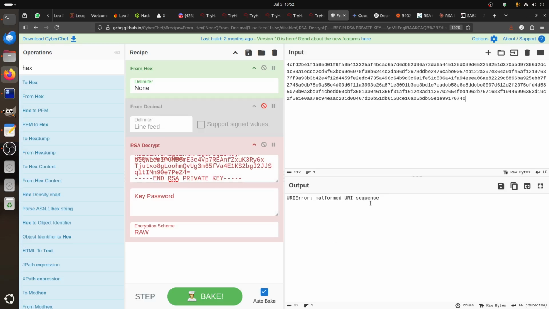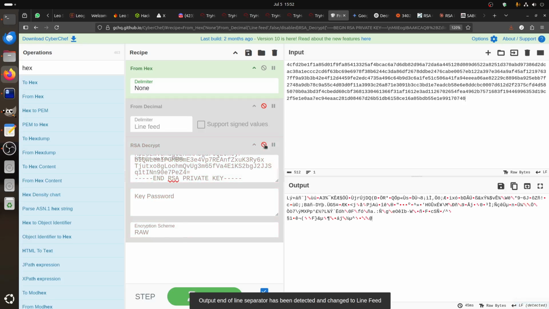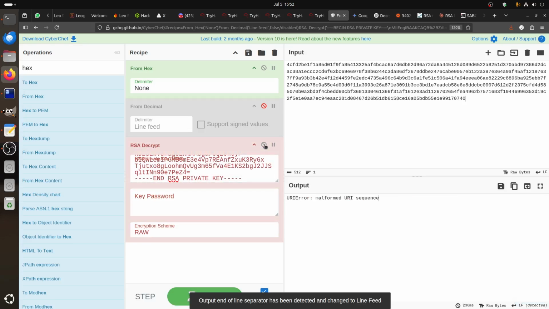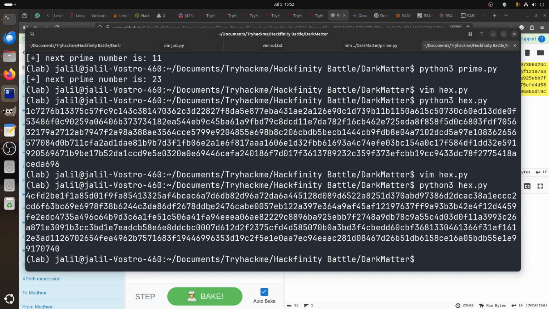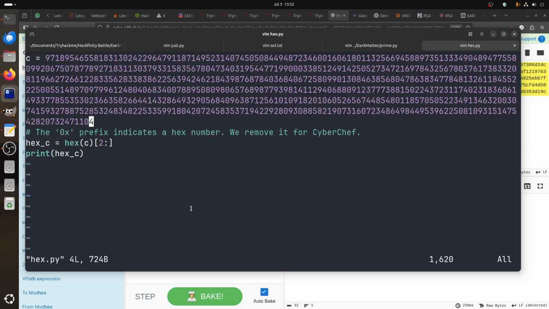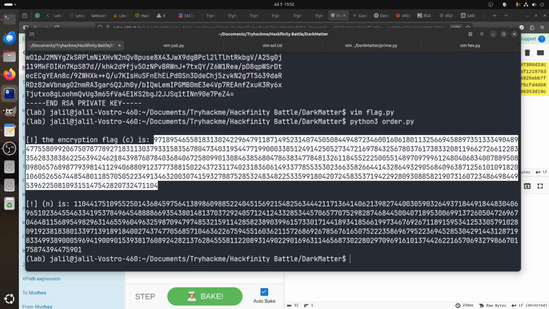URI error, malformed URI sequence. What's URI? What's wrong with this hex? What we got, this is the C value.